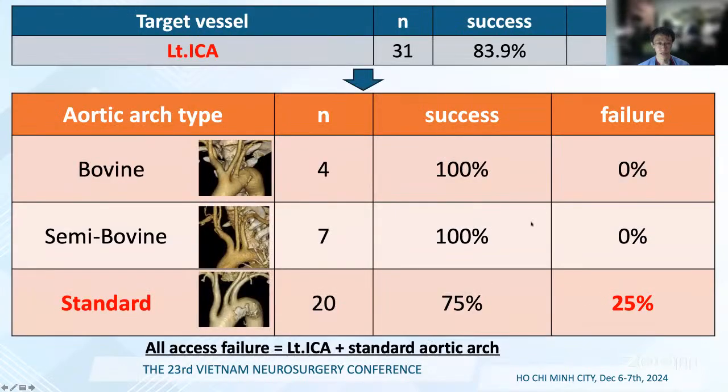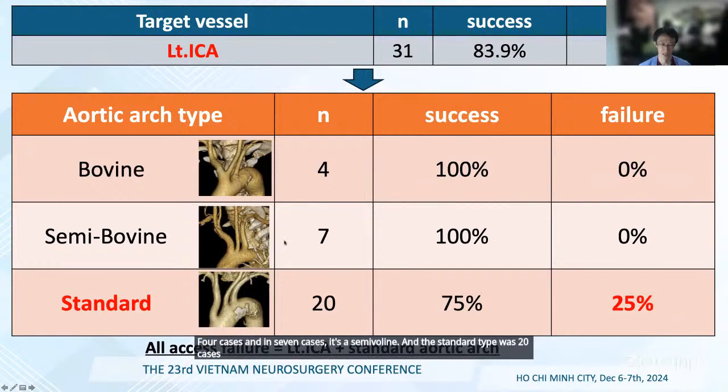Furthermore, I classified the aortic arch type in these failed left ICA cases. The case number is 31 cases: the bovine type aortic arch was 4 cases, in 7 cases it's semi-bovine, and the standard type was 20 cases.